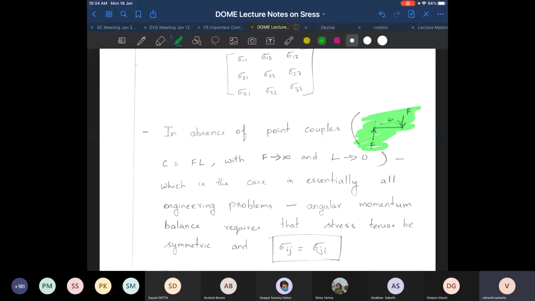So if forces are finite, then the couple will tend to 0. But if the couple has to be finite, even for L tending to 0, capital F must tend to infinity.